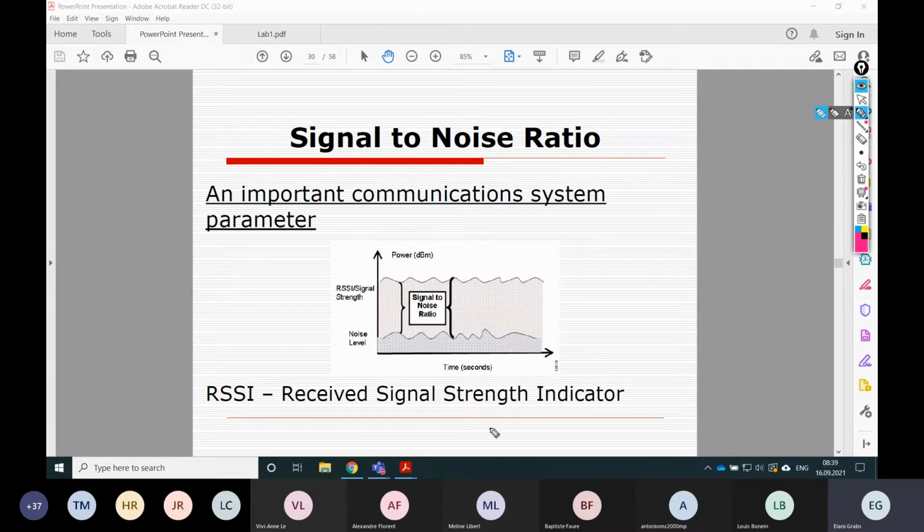As it comes out of the statement of signal to noise ratio, this is the ratio of signal and noise power levels. We have the power of the signal, which is represented by a signal strength indicator, for short called, for example, RSSI, which is used as a metric in your mobile phones to show how strong the signal is, and as a metric in Wi-Fi, how strong your signal is in percentage, like 100% or 20%.